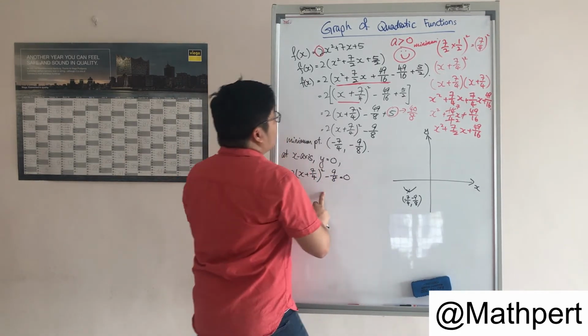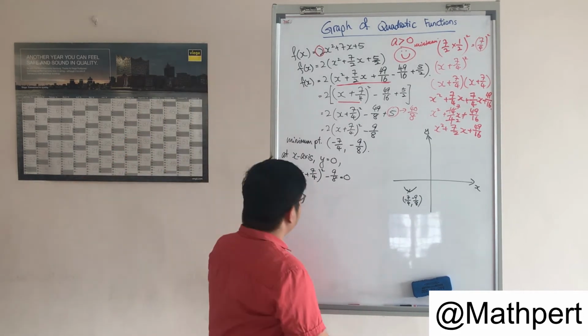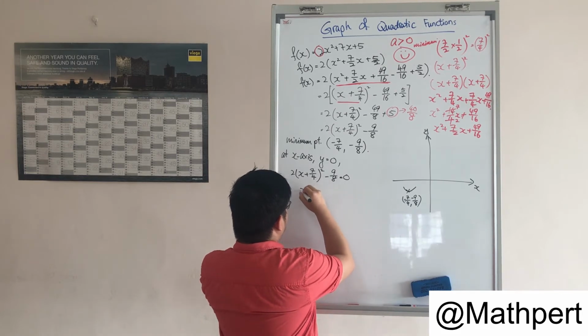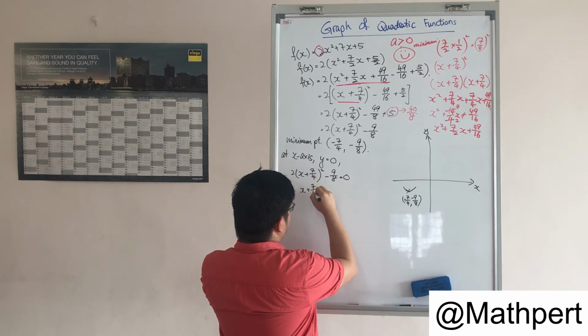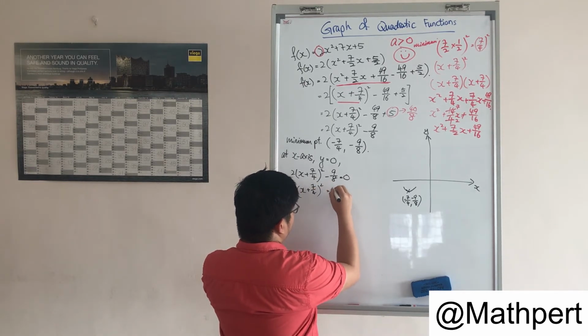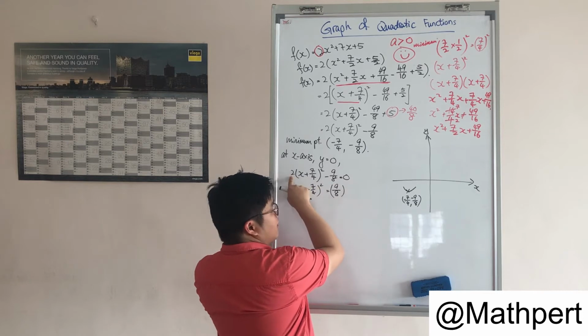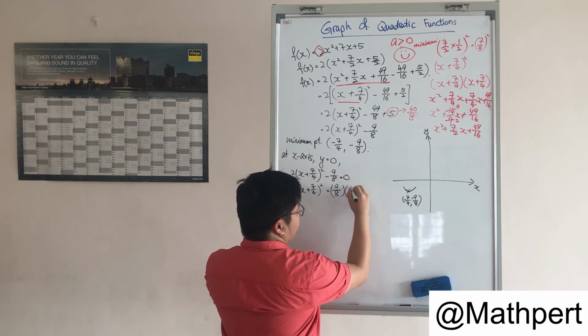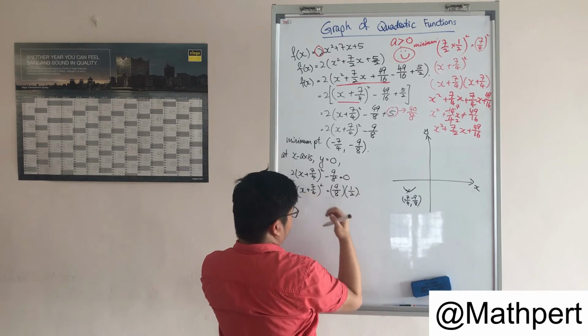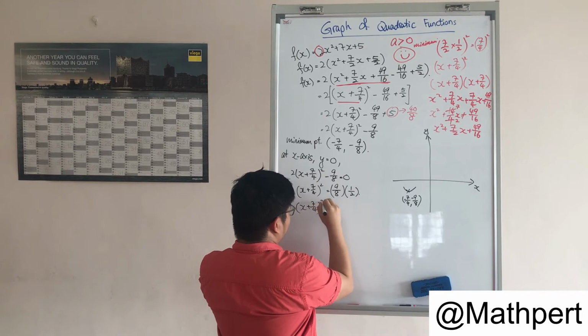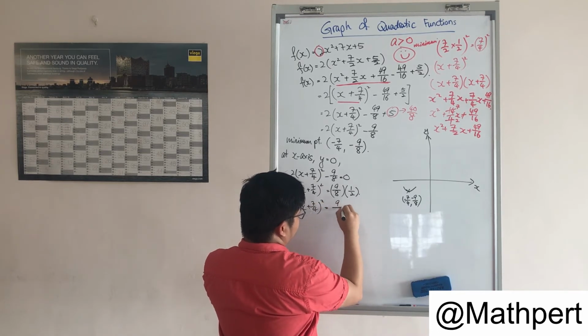So how do we do this? That means x plus 7 over 4 squared equals 9 over 8; the negative moved over becomes positive. The multiplication by 2 moved over becomes 1 over 2. So x plus 7 over 4 squared is equal to 9 over 16.